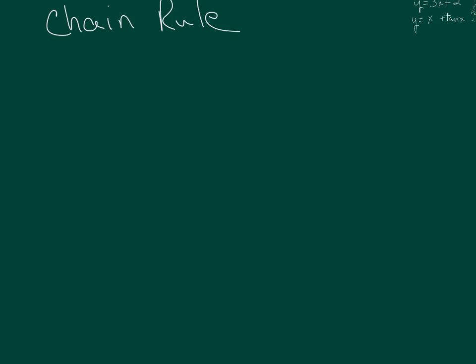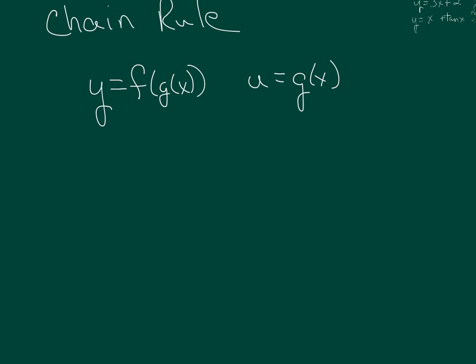All right, if we let y equal f of g of x, a composite function, we're going to take a function and identify the inner function and then rewrite it in terms of u.